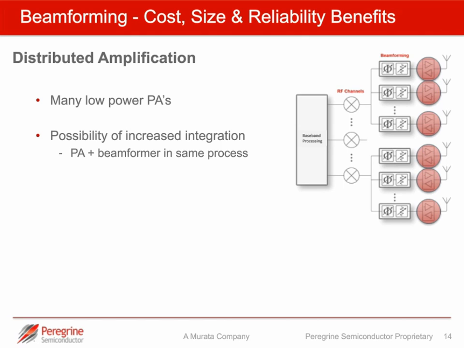So this leads to the possibility of increased integration, whereas for a traditional system you might have a high power amplifier and the beamforming element in different technologies. When we get to these more distributed amplification cases, that PA power becomes much lower and lends itself to integration of all functions in a single technology.